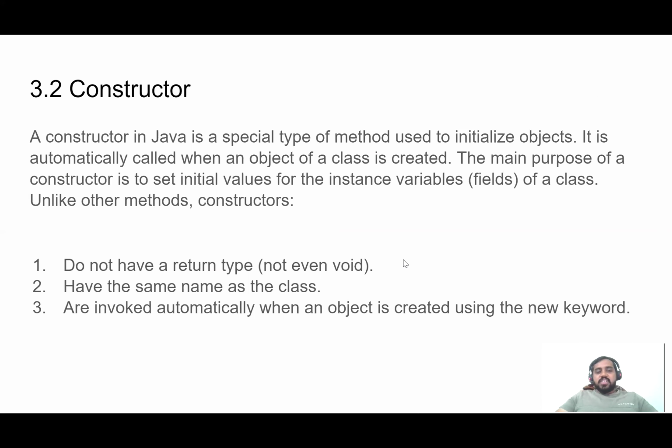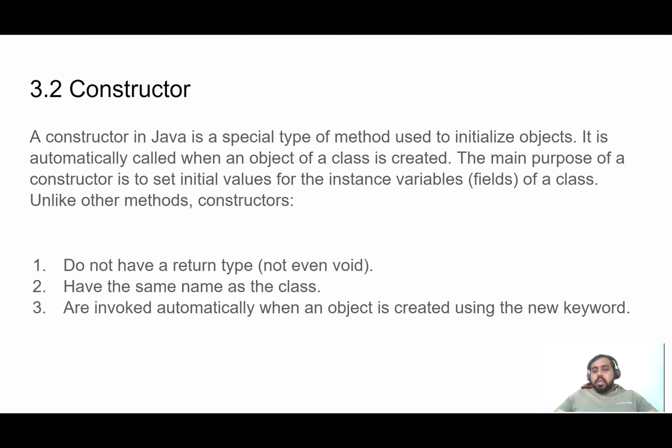So let's come to the constructor point. We already saw what a constructor is. Let's see it in more depth. A constructor in Java is a special type of method, as I already told, which is used to initialize an object. At the time of object creation, we have to initialize it, right? Either with our own values or with default values. It is automatically called when an object of the class is created.